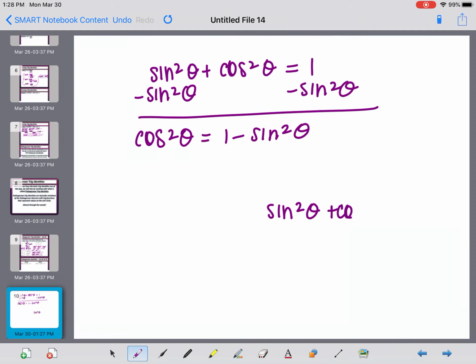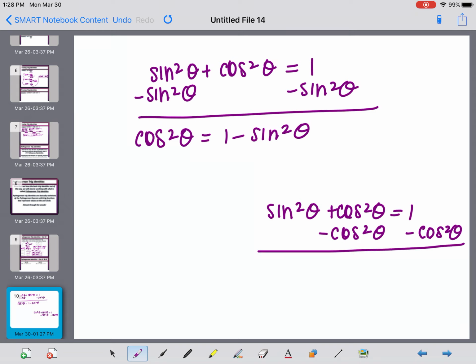Okay, I could also do the opposite. I could subtract cosine.